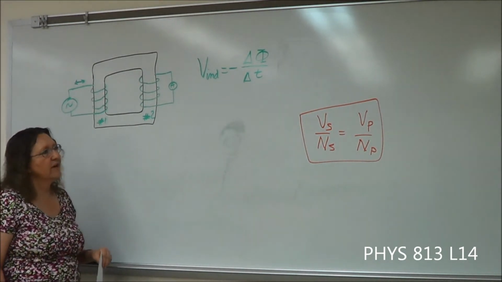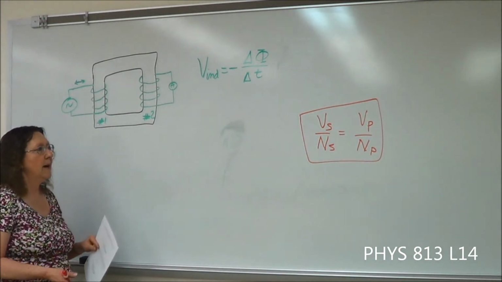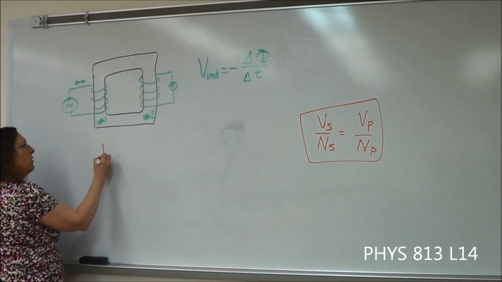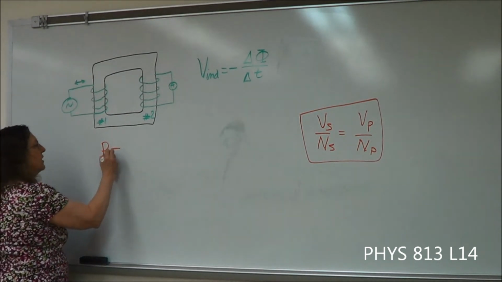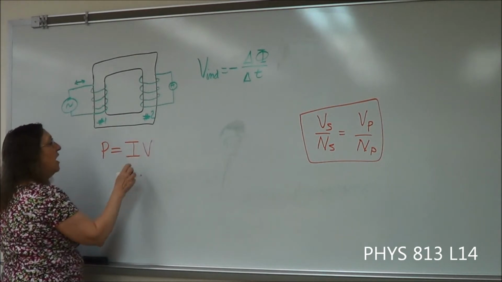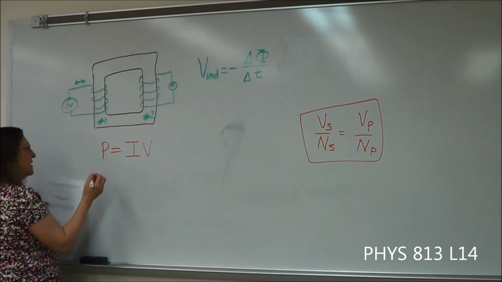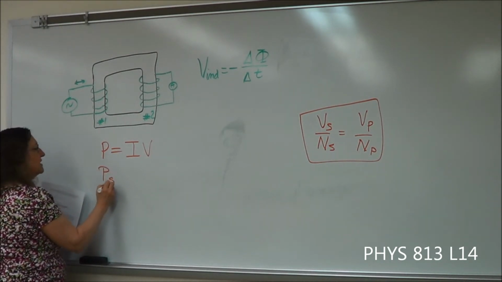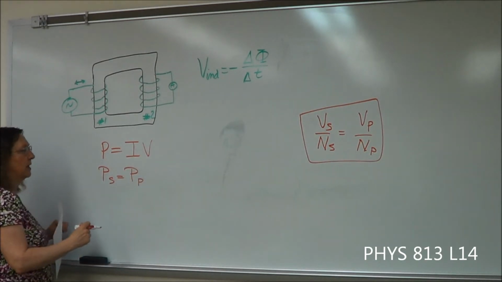So the other thing we have to consider is power, and we've talked about power before in the first unit. We know that power is related to conservation of energy, so that's a big deal in this. We know that power is current times voltage, so we could say that the power for the secondary must be equal to the power for the primary.